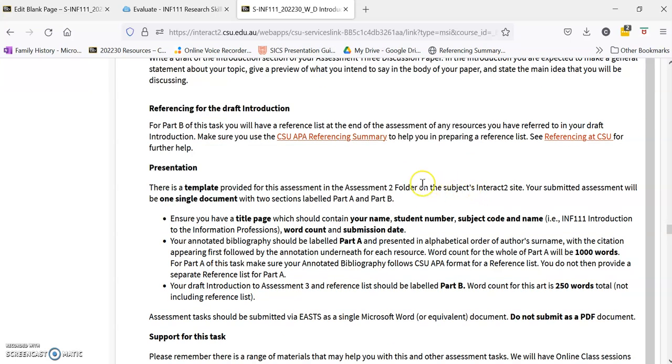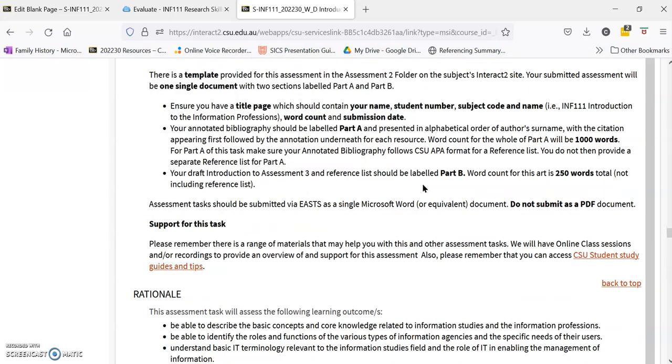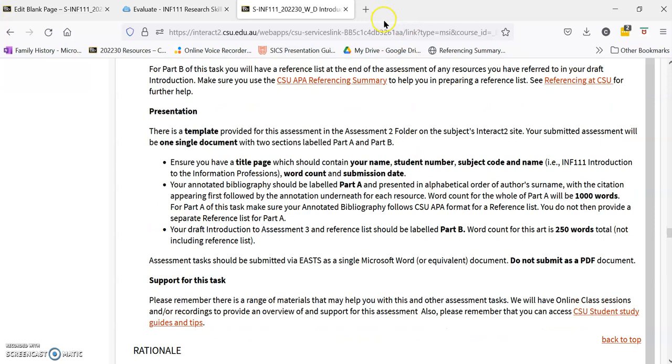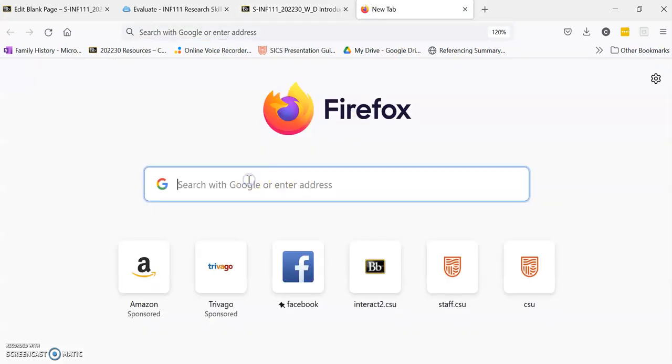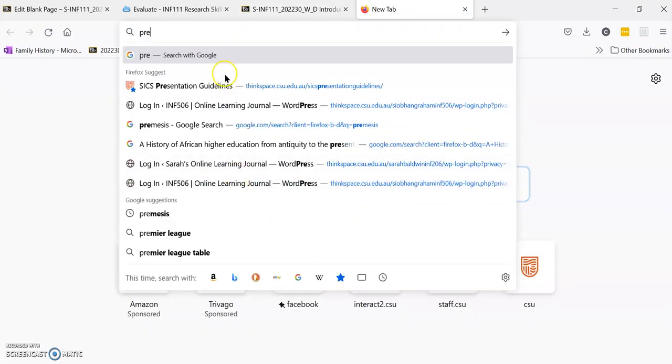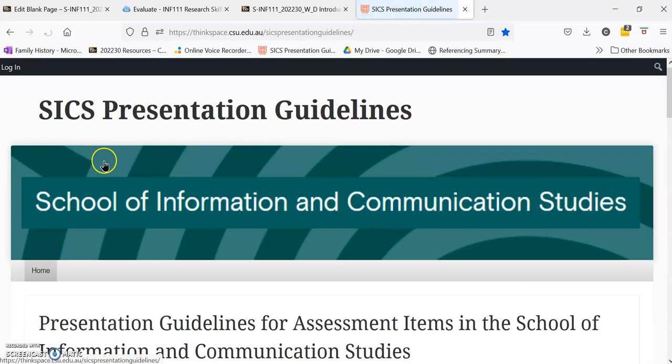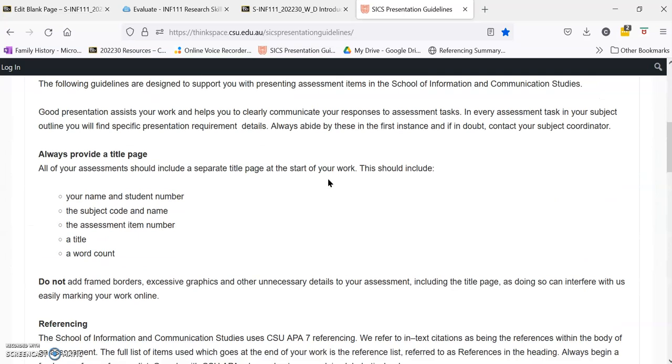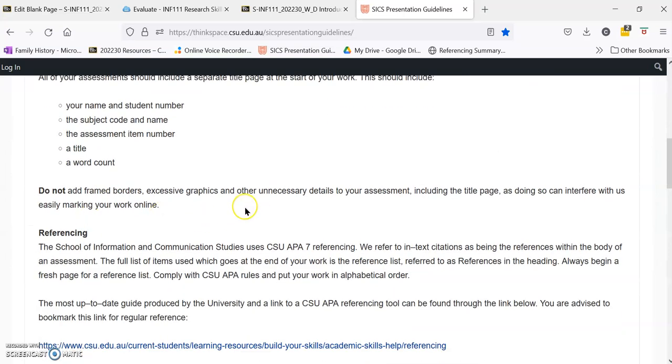So with the presentation, don't forget that there are some presentation guidelines. All right, I can just find them. Here we are. These are the presentation guidelines for the School of Information Communication Studies. These lay out how you should structure your work, how you should place it on the page.